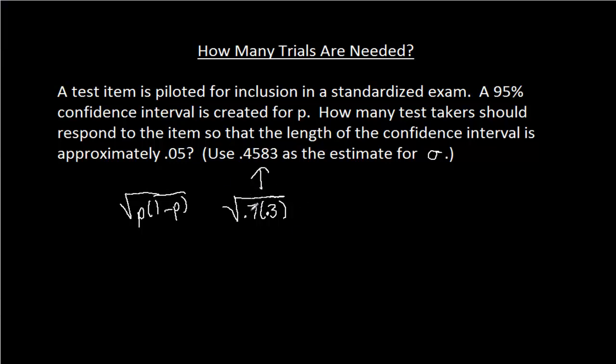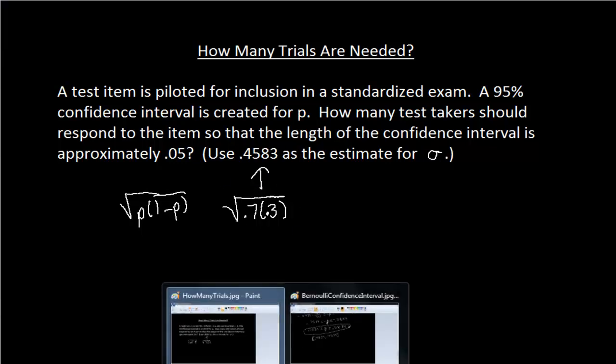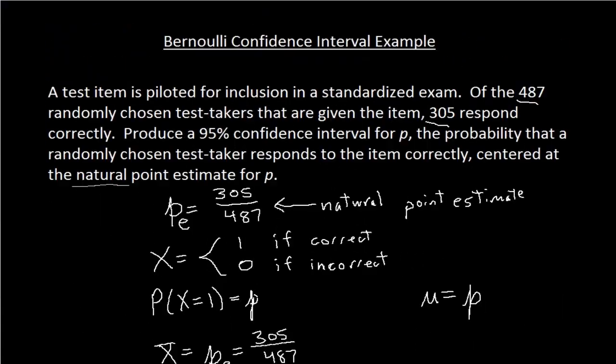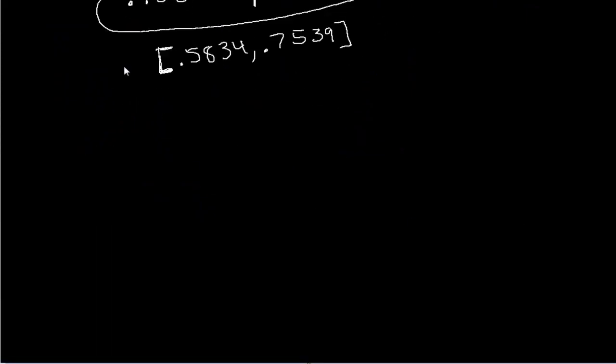So that number didn't just come out of nowhere. Now, why would we want this? Well, if we look at the very bottom of the last video, here we computed the confidence interval, and we arrived at this confidence interval. This is rather wide, right? The probability of a randomly chosen test taker responding to this item correctly can range from about 0.58 to about 0.75.